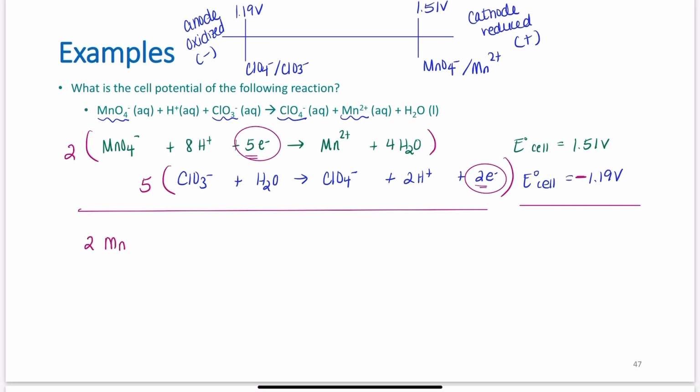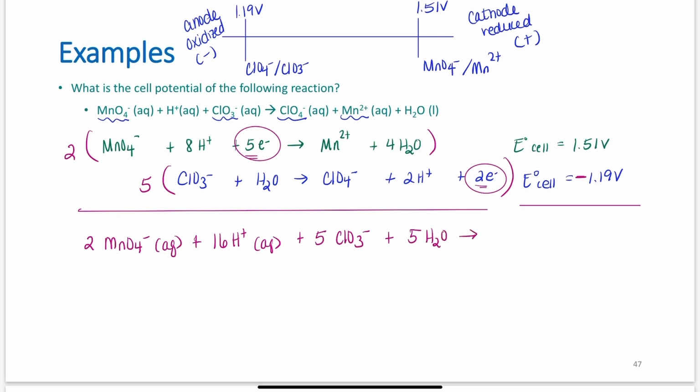So 2 MnO4 minus, aqueous. Remember, ions are always aqueous phase. Plus 8 times 2 is 16, 16 H plus, aqueous. Plus 5 ClO3 minus. Plus 5 water. And I'm probably going to have to balance this a couple times, and I'll show you why in a sec.